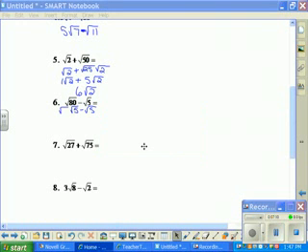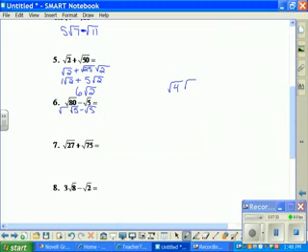What if in the radical there was a 4 and then like... what would you do? If I had this, square root of 4, square root of 2, what's the square root of 4?